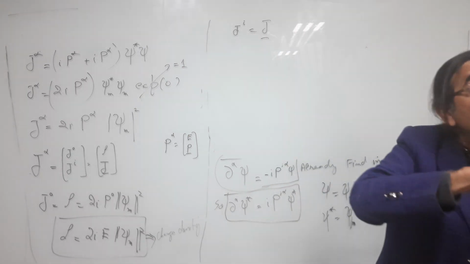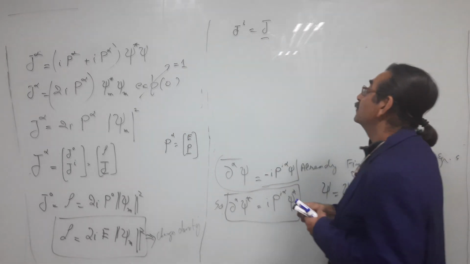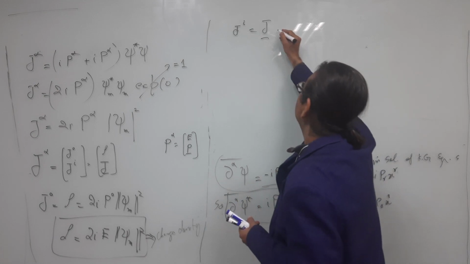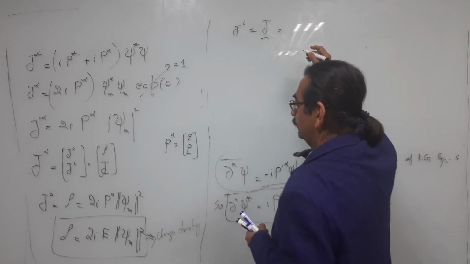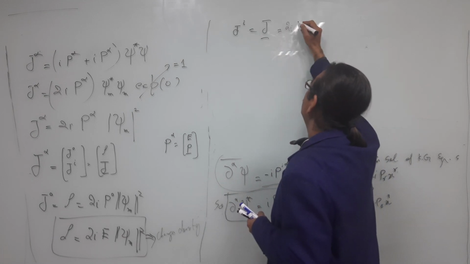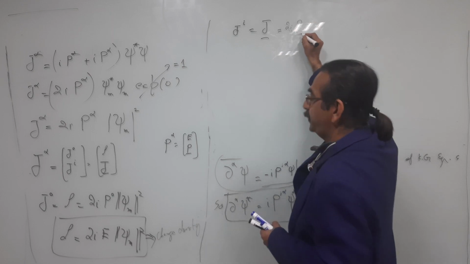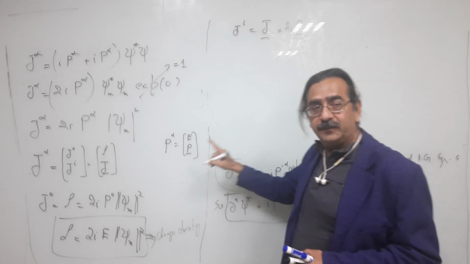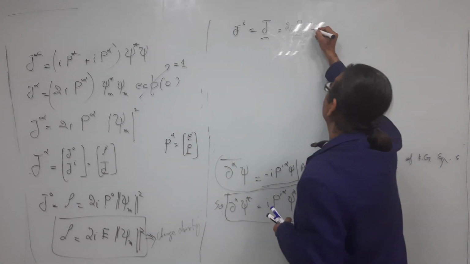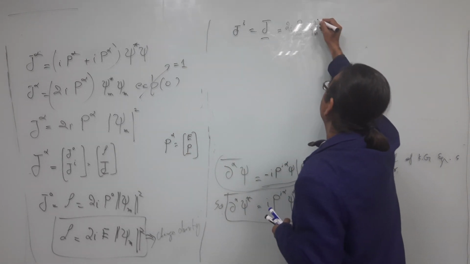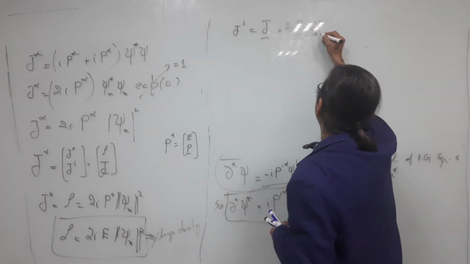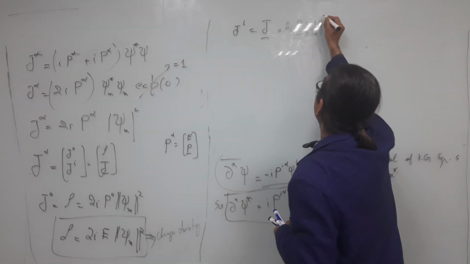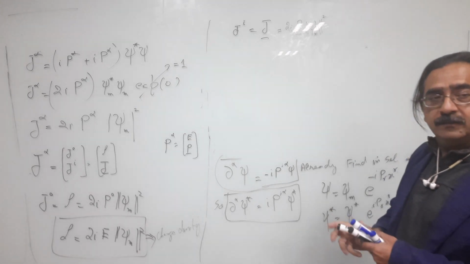This is current density. And current density is equal to 2 iota T, all remaining components have T. Okay, this is current density.